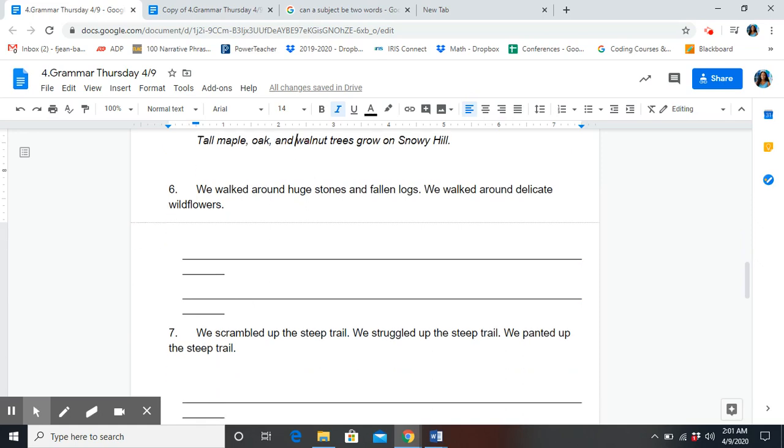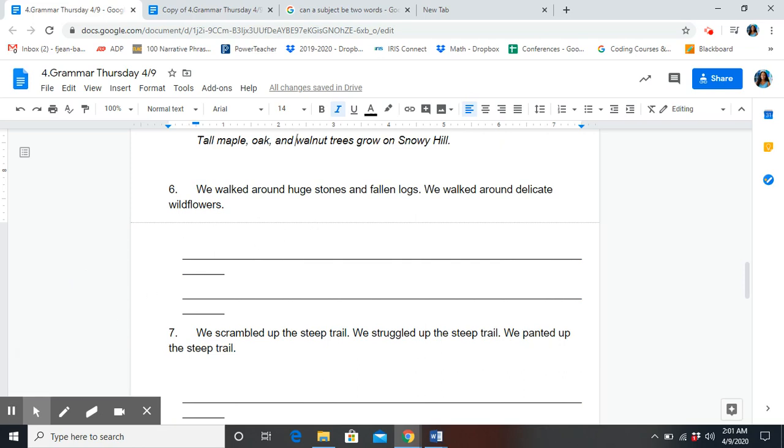Awesome. Number 6, we walked around huge stones and fallen logs. We walked around delicate wildflowers. What is our subject here in number 6? Right, wildflowers.